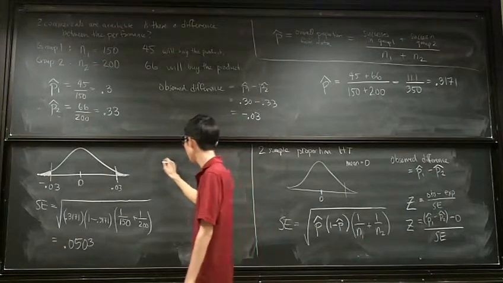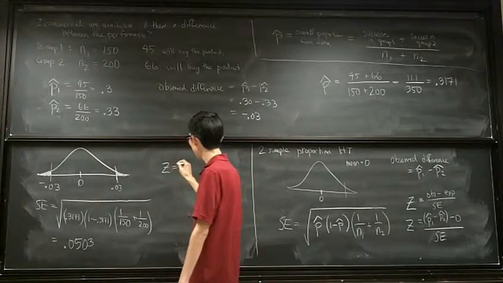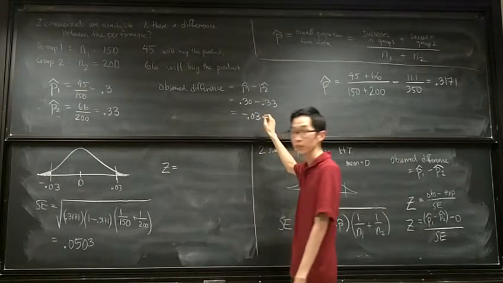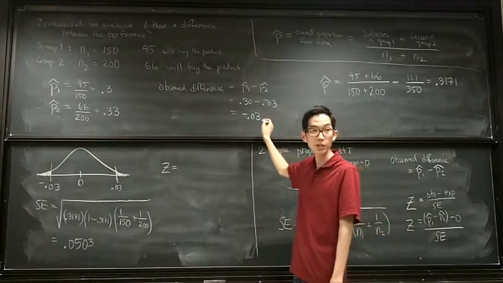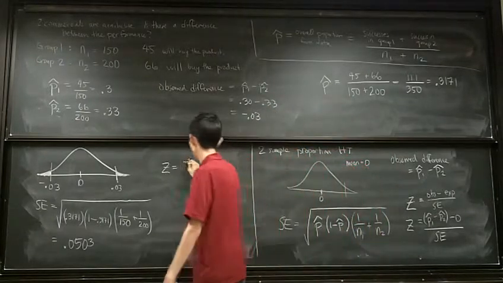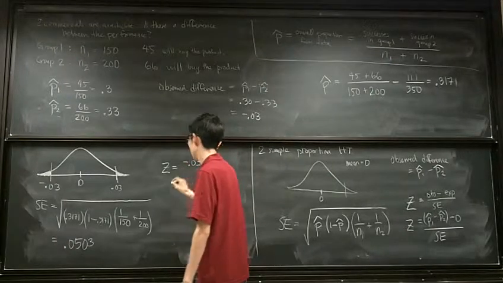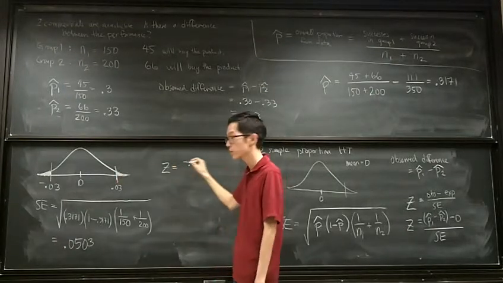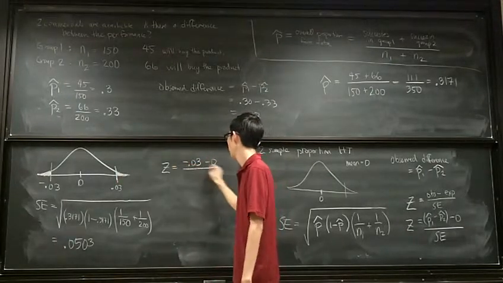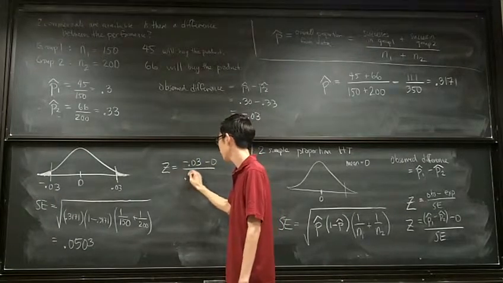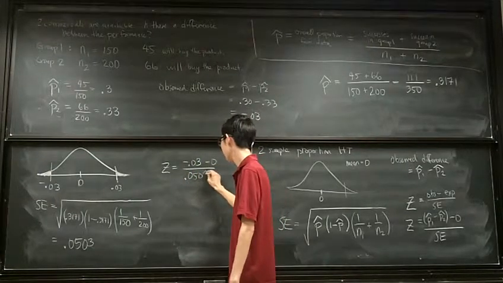So my z-score is, I take my observed difference, which is negative 0.03, and I subtract off the mean, which is 0, and I divide by my standard error, which is 0.0503.